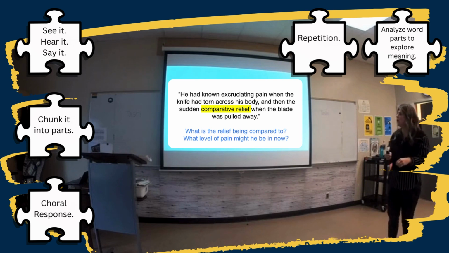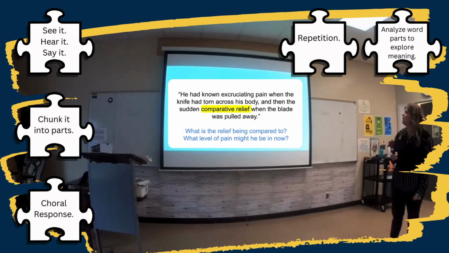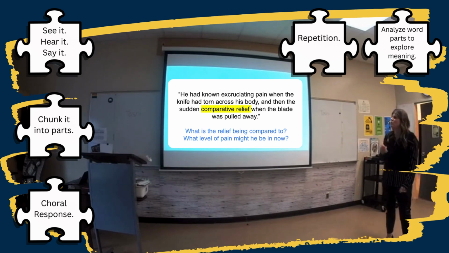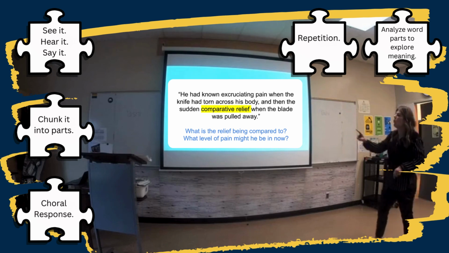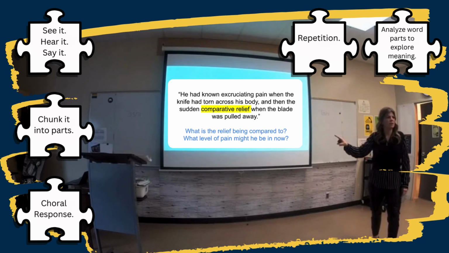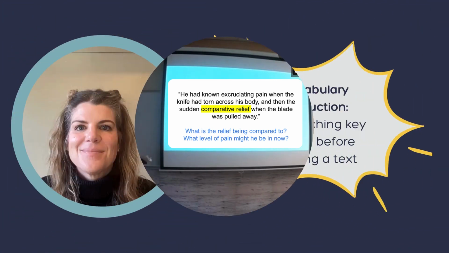He had known excruciating pain when the knife had torn across his body, and then the sudden comparative relief when the blade was pulled away. Okay? What is the relief being compared to? I want you to talk.